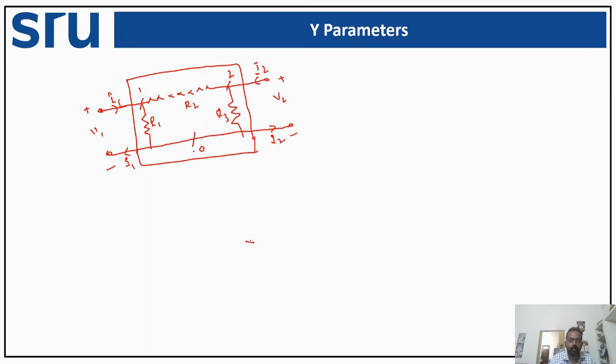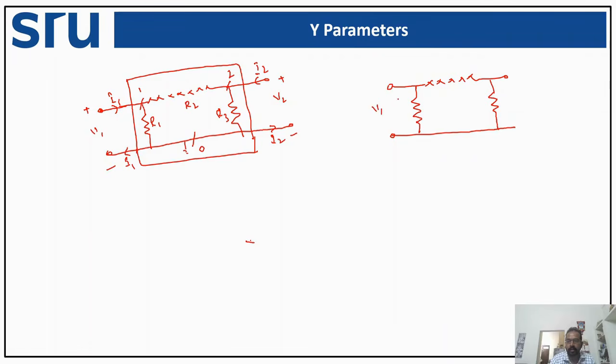Let us assume that the first and second nodes are non-reference nodes, and the third node is the reference node. Let us redraw the circuit. It looks like a pi network.